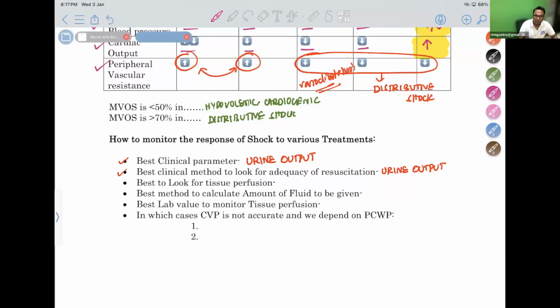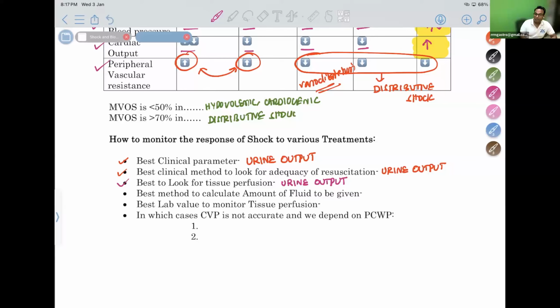And how will you calculate the amount of fluid to be given for shock patients? It is by means of central venous pressure. CVP helps you know how much fluid should be given. We should not overload, and at the same time we should not underload the patient. So it is best to look at CVP.